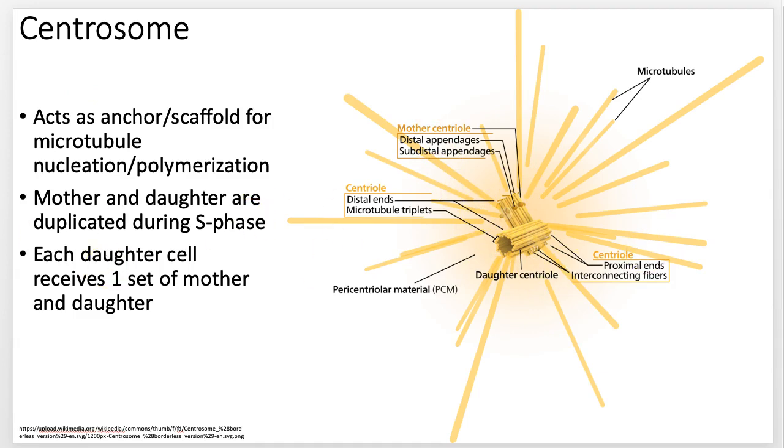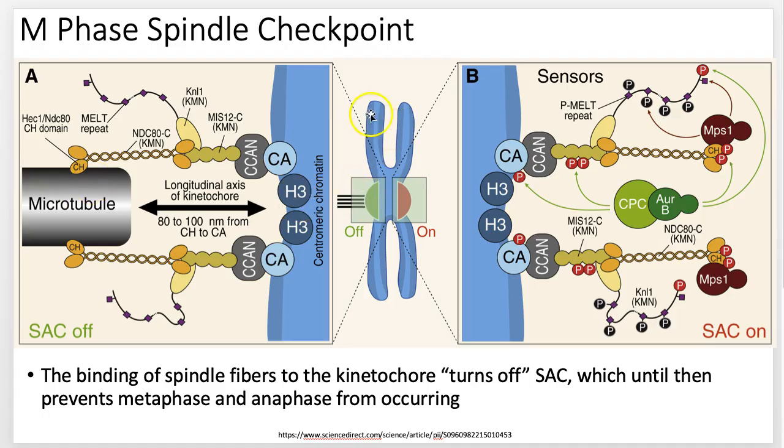Our microtubules are going to come out, and we're going to follow this all the way to the end, where it's going to bind onto our chromosome, right? So here's our chromosome, and this should look familiar. This is a slide from the previous lecture that I gave on the cell cycle, where I go into an odd amount of detail talking about the M-phase spindle checkpoint. So this is where that checkpoint is going to come into play, because we need to make sure that this is the end of our microtubules coming out of here.